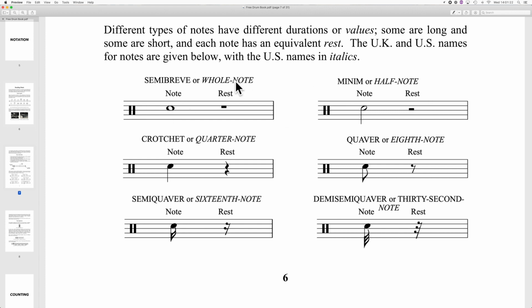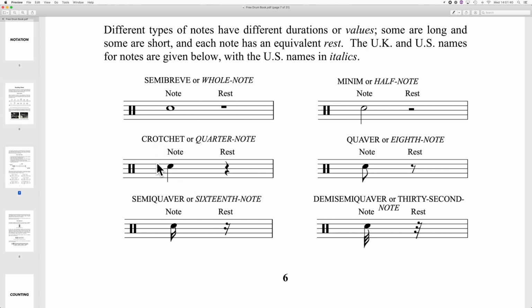So after the semibreve, we've got the minim, which is also known as a half note. And the minim is indeed half as long as the semibreve. And that's what its rest looks like. So a minim rest also lasts for 2 beats.